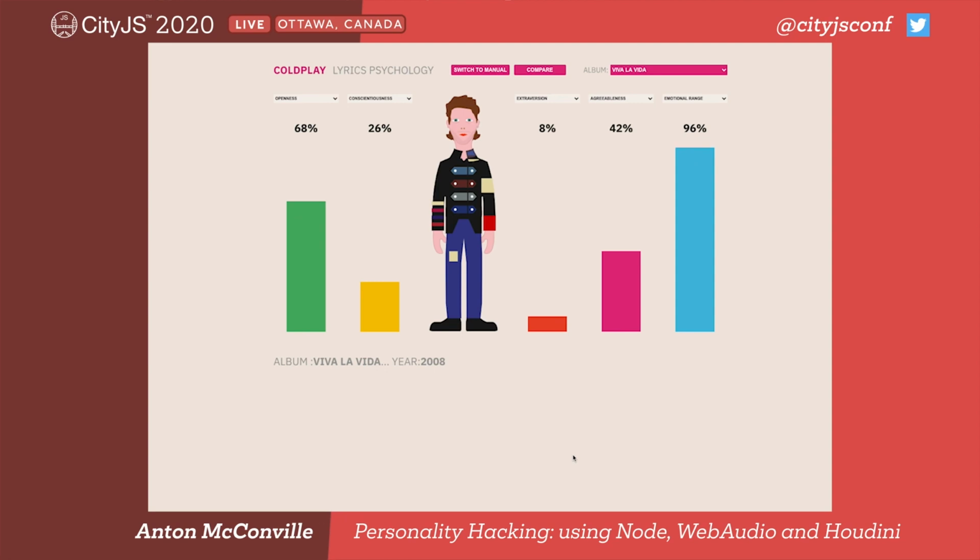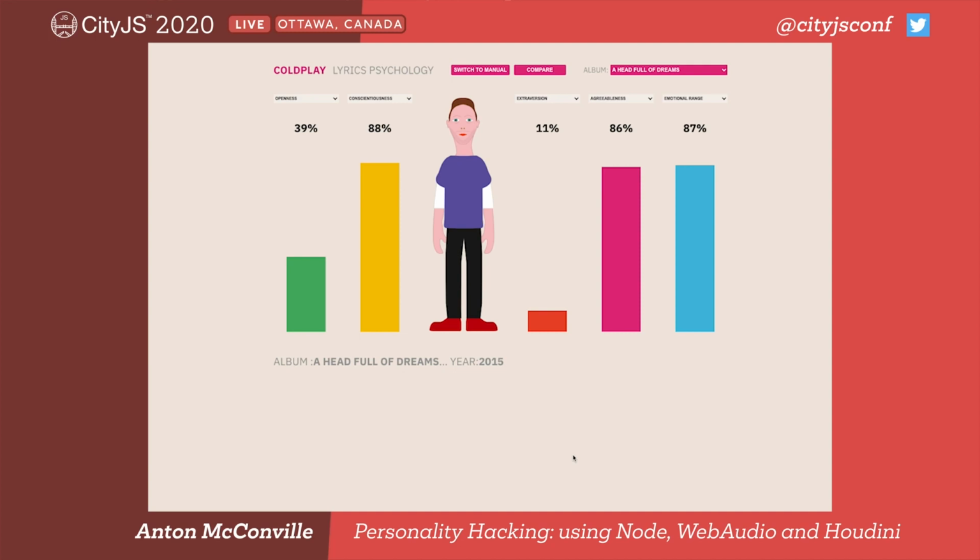But it's neat to look through this cycle of animation because you can see album by album that things are changing. The lyrics are measuring differently for each of these personality traits. You can see here, for example, Head Full of Dreams is a bit more upbeat. Everyday Life is certainly a bit more serious an album.